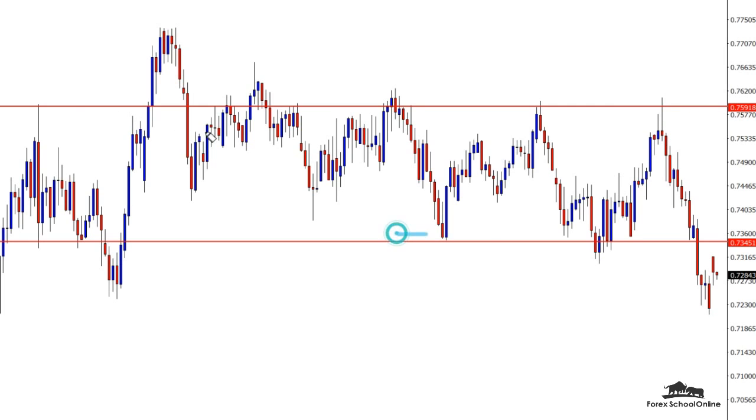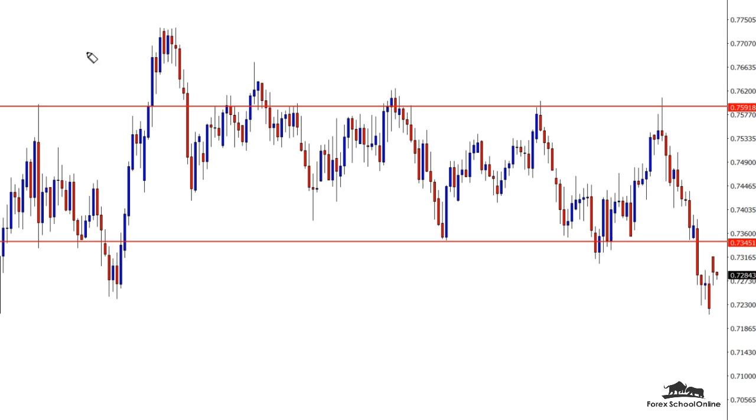Price has since broken below, and now we're stuck below this old support, and we're looking to have this potential test of this new resistance. Now we're stuck in a range on this pair, and that's crucial information.